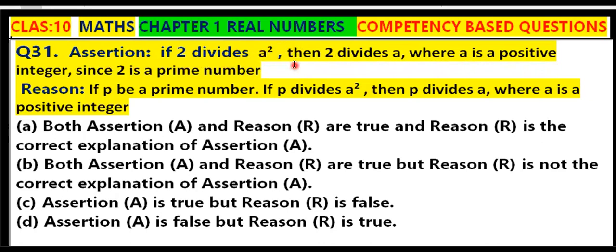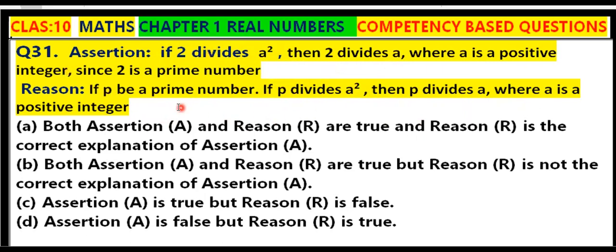So the assertion is correct. And the reason: if p be a prime number and p divides a square, then p divides a where a is a positive integer. बिल्कुल ठीक है, ये जो 2 नंबर होना चाहिए, ये नंबर हमेशा ही this should be a prime number. Since p is a prime number and dividing the square of a positive integer, that is why p will also divide a.